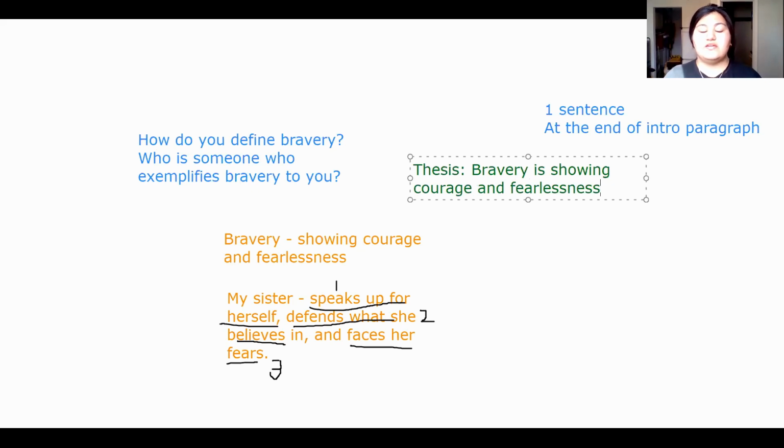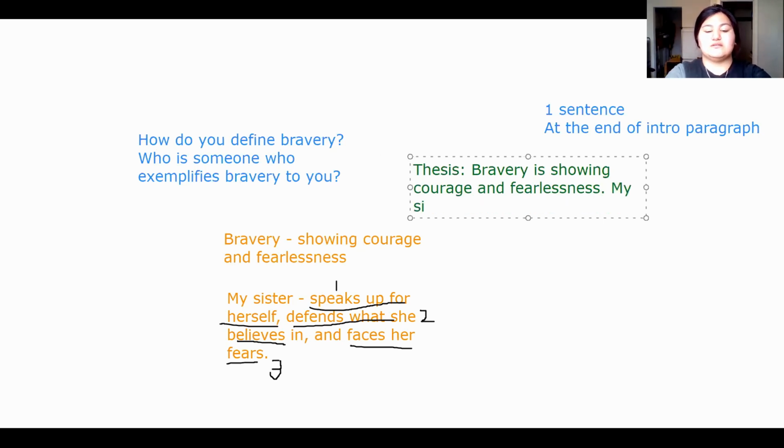I know that it says 1 sentence, so focus primarily on my sister part, because this is kind of 2 questions. This would be the first sentence answering the first question, but this is where you're going to incorporate your 3 body paragraphs, because your priority is explaining what bravery is, but more so who is someone who's brave and why. That makes sense. So bravery is showing courage and fearlessness.